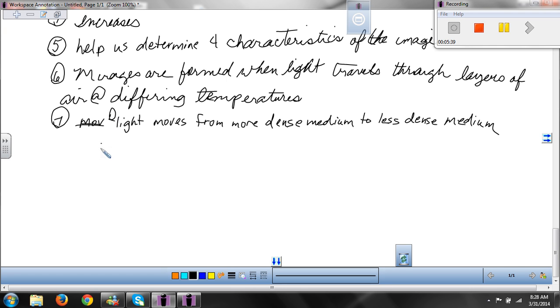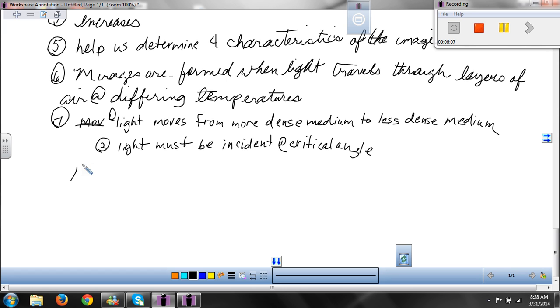Okay. And the second condition is that light must shine at the critical angle. The incident at the critical angle.